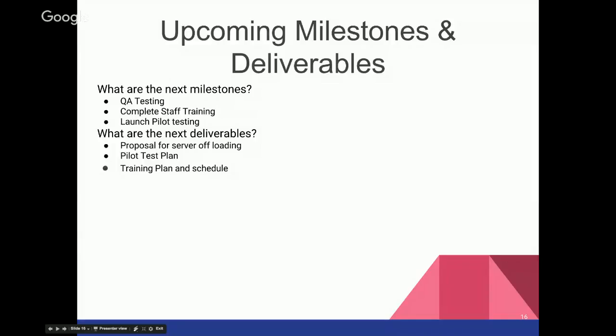So staff training did get delayed. However, most of the staff is up to date. Still got a few people left that we need to train. And once everyone's trained and we feel that people know how to use the system, then we'll complete our pilot testing.